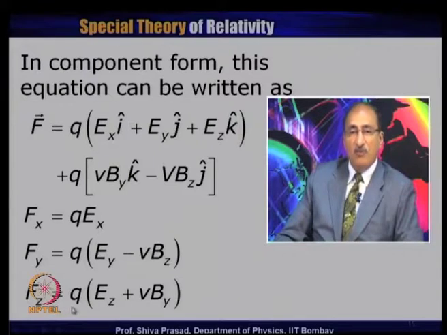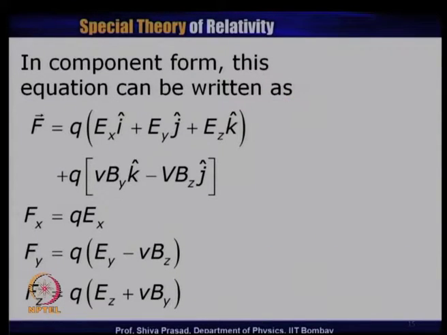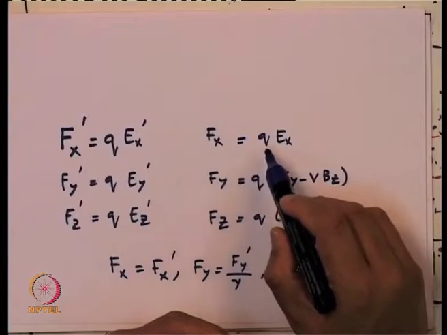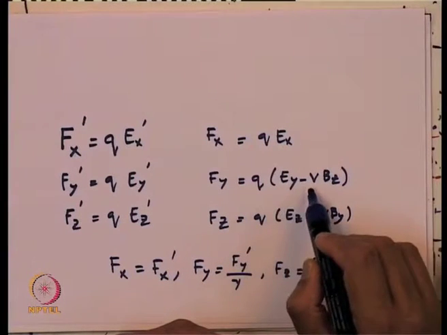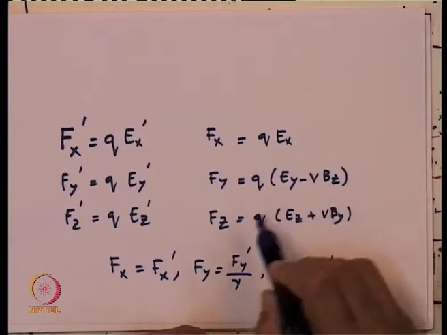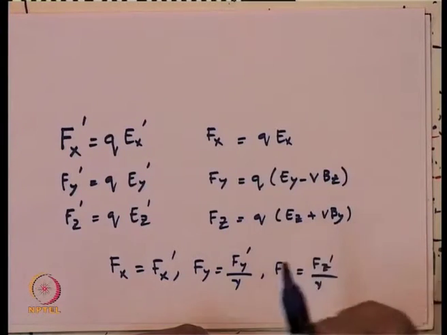So, Fz will be q(Ez plus V By). This is what I have written again here, because I am going to use it immediately after that: Fx = q Ex, Fy = q(Ey minus V Bz), and Fz = q(Ez plus V By).